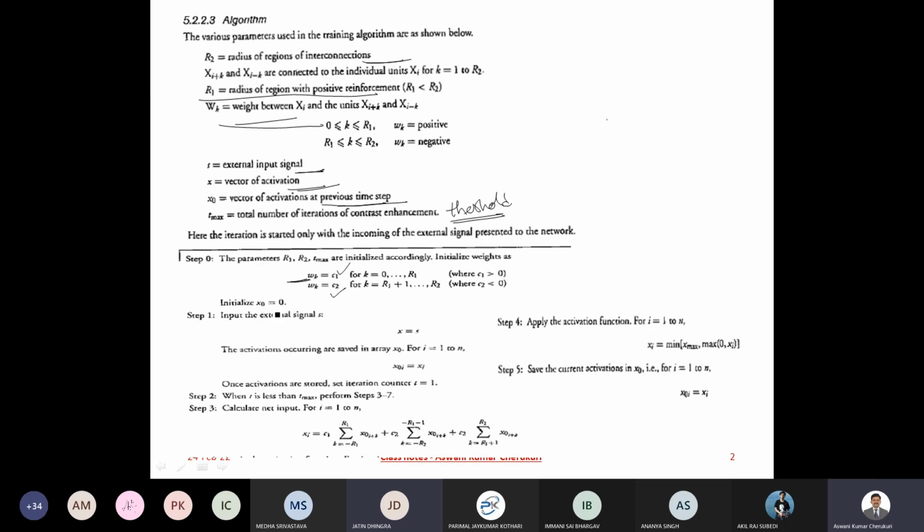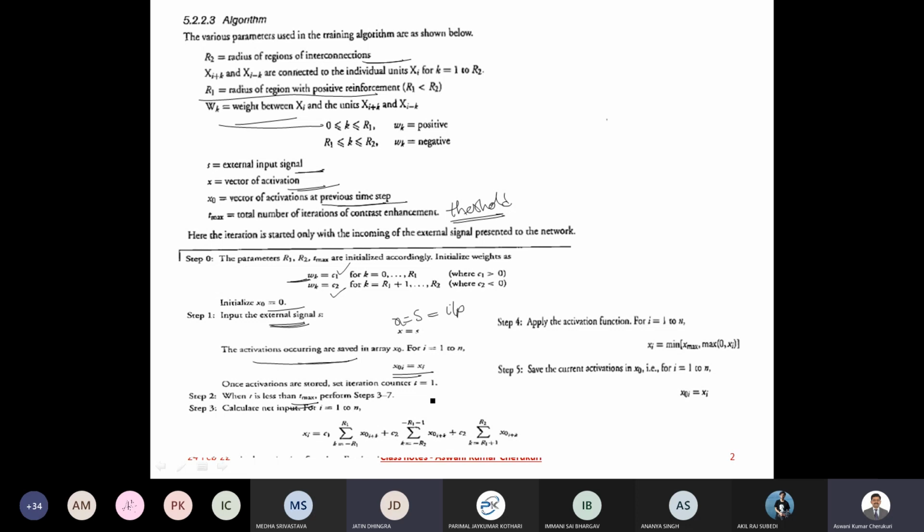Once that is done, you provide the input from the external signal, that is x is equal to s, where s is your input. Then we iterate the network like how we did it in the case of MaxNet. And remember, till we reach the maximum number of iterations, the network keeps in the loop.